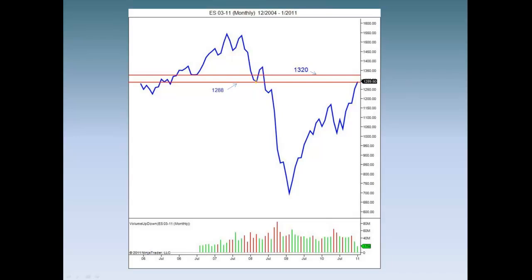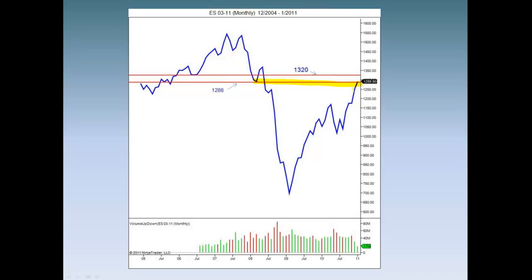And you notice that the first resistance level that we're looking at is 1288. And interestingly enough, if you have a chart open today, you are going to find that we are right at 1288. So after we finish our lesson today, I encourage you to open up your profile chart and take a look at what is going to happen at this level and watch the behavior of prices.